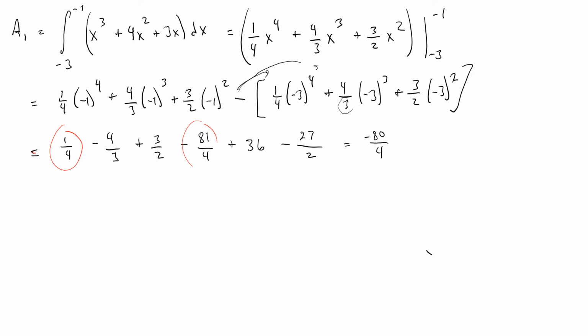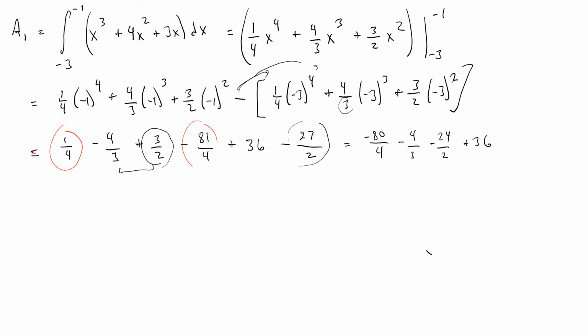And then I'll rewrite the negative 4/3. The 3/2 and the negative 27/2 would make negative 24/2. And then I have the plus 36.